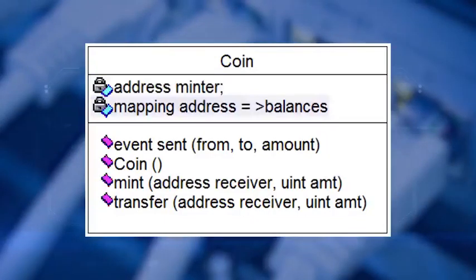The second one is the mapping between the account address and the coin balance. Please understand this is not the ether that is used for paying gas points. Event Sent is defined with 3 parameters. The event is pushed or logged after the transfer is completed within the transfer function.